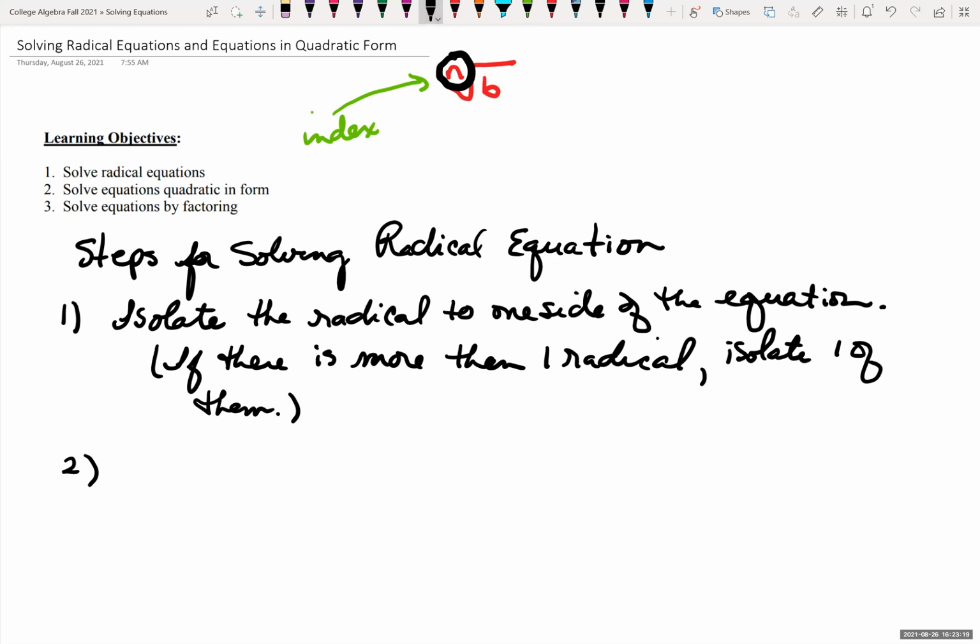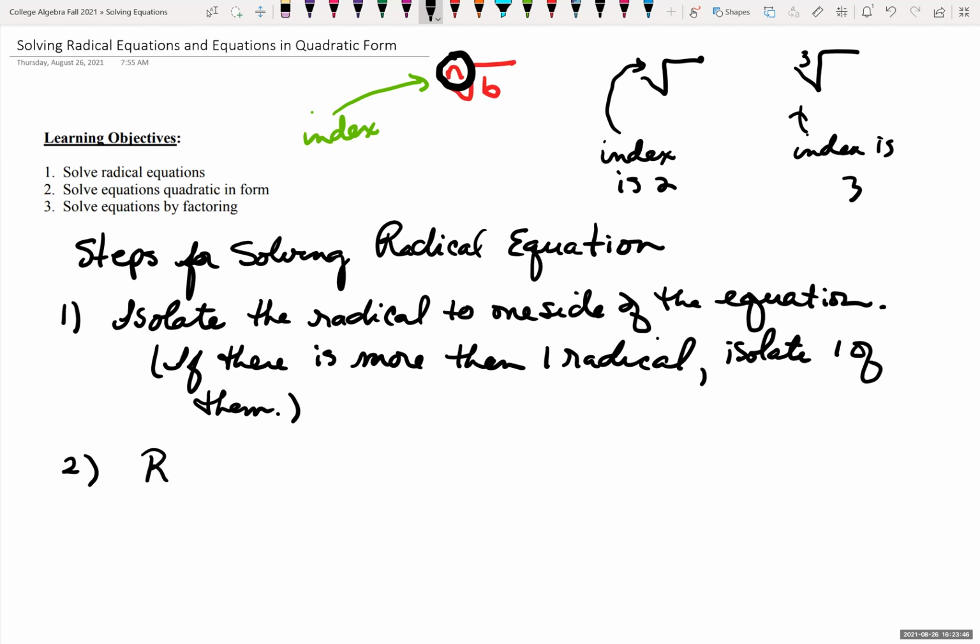If we had the square root and the index is not shown, the index is 2. And if we had the cubed root, the index is 3. And we could go on forever.